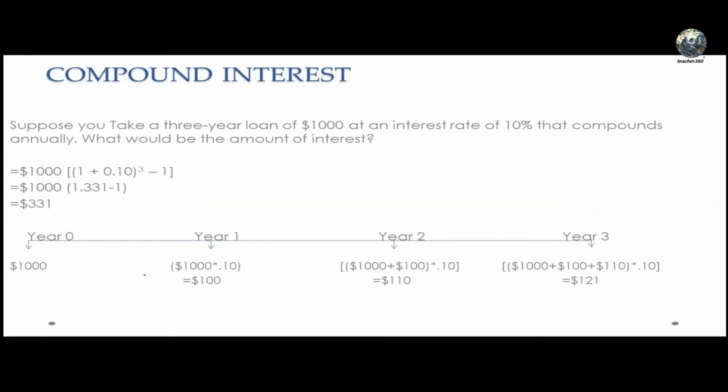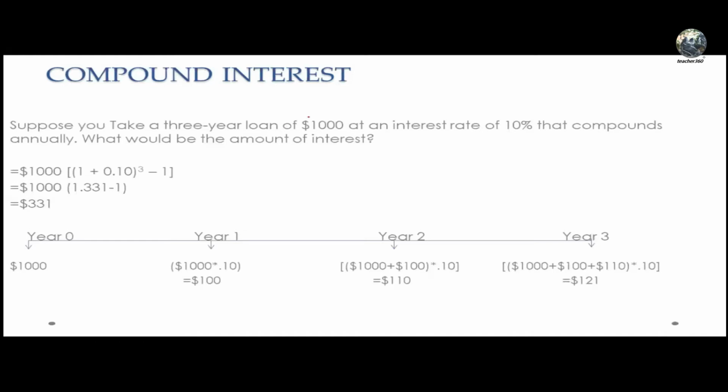To help you understand, there is an example here. Suppose you take a 3-year loan of $1,000 at an interest rate of 10% that compounds annually. What would be the amount of interest?